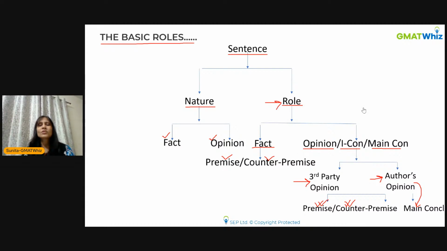Do let me know in the chat box, guys, if this is clear to all of you. And this is a very, very important aspect of boldface questions, all right? In fact, it is a very important aspect for analyzing any sentence. So do let me know in the chat box if this is clear. Are you with me so far?